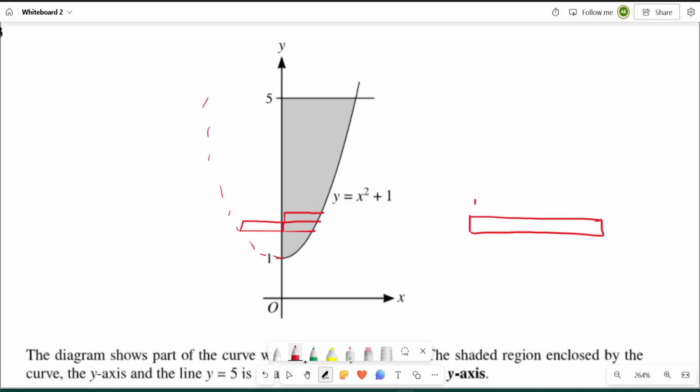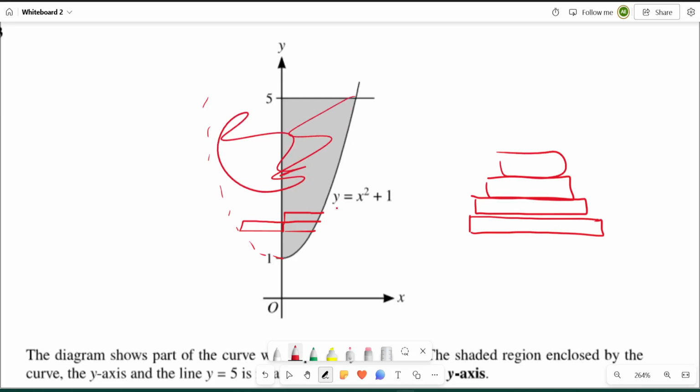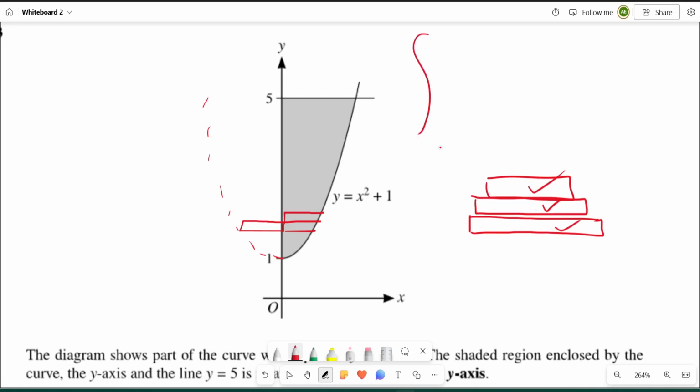So this disk plus the disk above it plus the disk above it is going to give us the volume of the whole thing. So we need to get the volume of this disk added to the volume of this disk, added, basically infinite disks. That's why we use integration. The idea of integration is adding an infinitely small number of things.